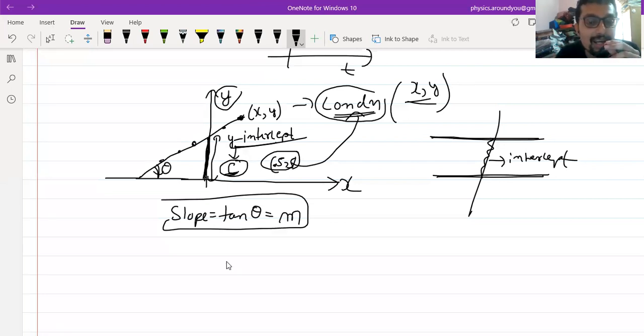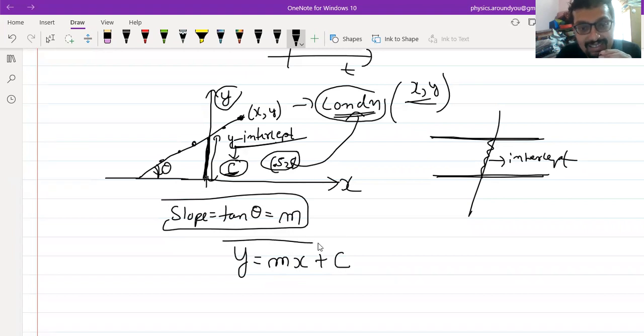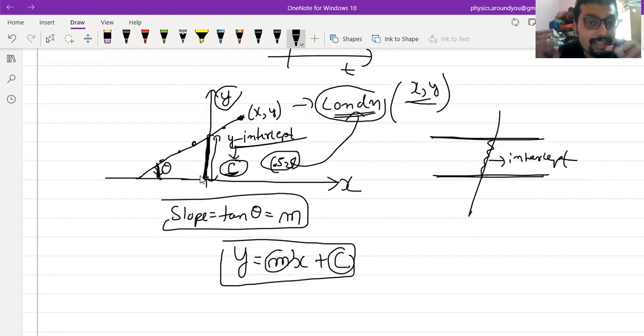What is the condition now? The condition is y is equal to mx plus c. Sir, how is this a condition? Easy. m and c are already fixed by the line because theta and the intercept are already fixed.